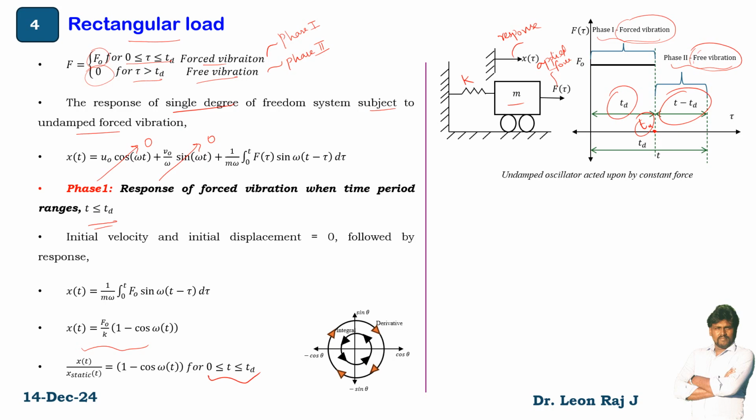In the next phase, that is free vibration, how to find the response is coming in the next slides. So x of t equals f0 by k (1 minus cos omega t), and when the time period t equals td, your x of td gives the initial conditions.